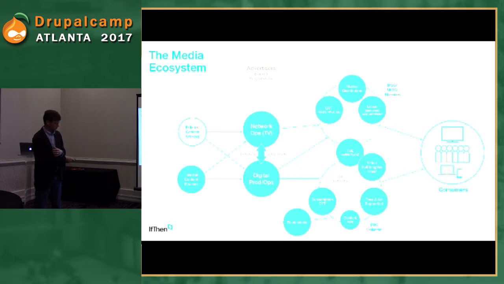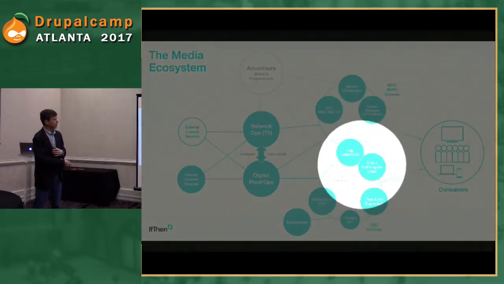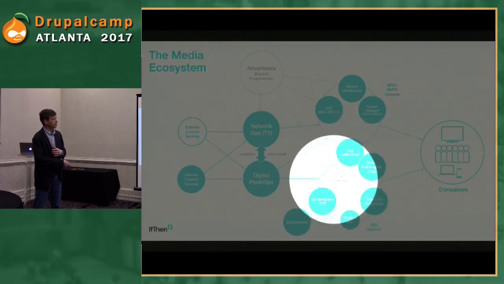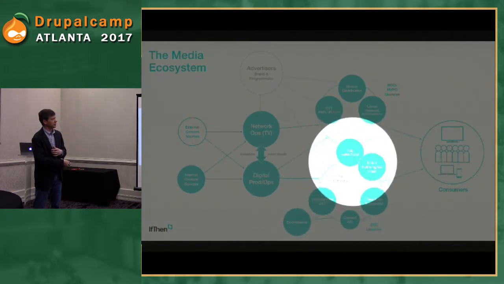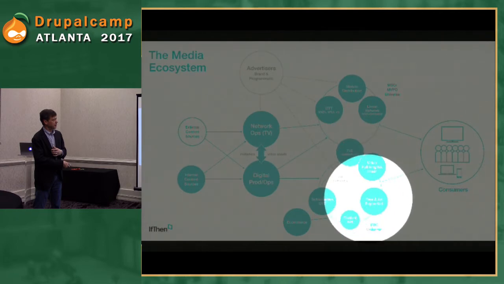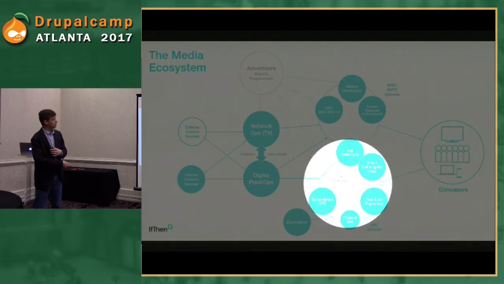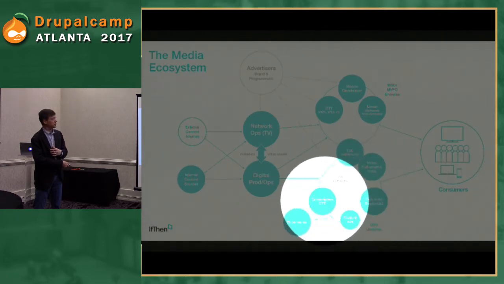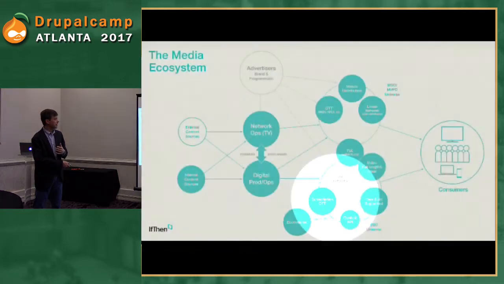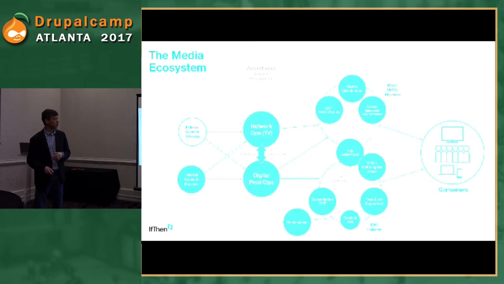Down here you have a more pure digital side, so there are advertising networks in there. There's free ad-supported websites in there. There's subscription websites, things like the New York Times, Washington Post, places like that. Some of them have e-commerce systems you have to integrate with.